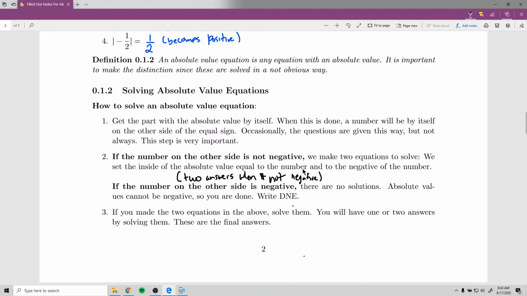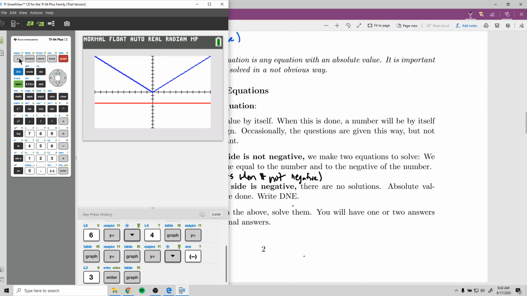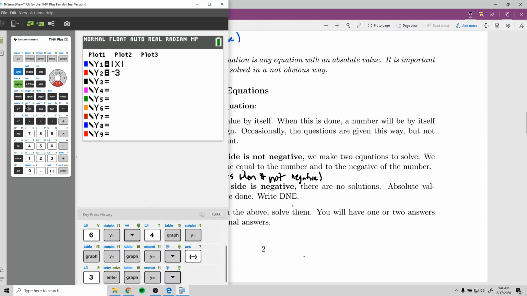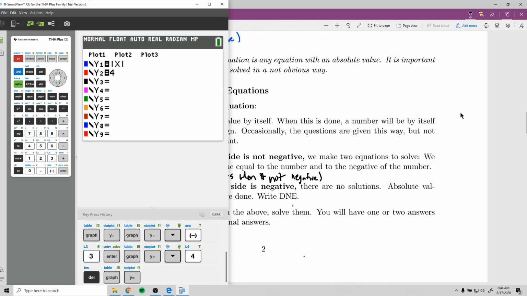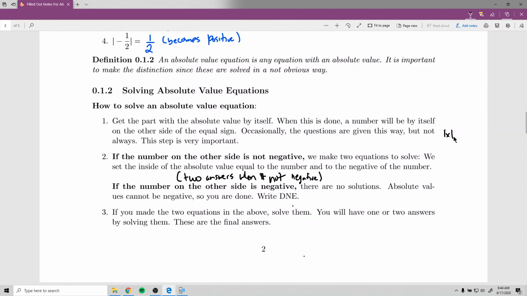All right, now the way we get the answers is pretty straightforward. I have it outlined here. We set the inside of the absolute value equal to the number and to the negative of the number to solve. So if I go back to the absolute value of x equals 4, let me write it on the side here.